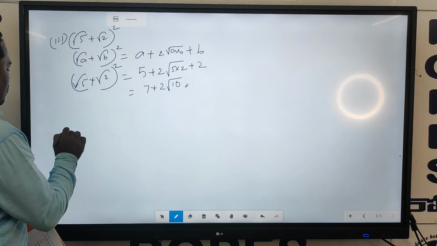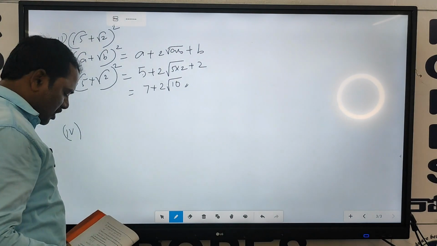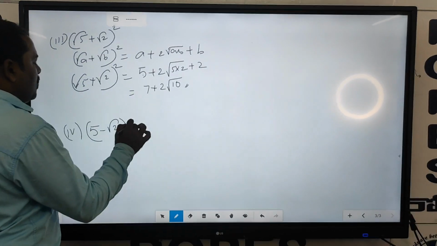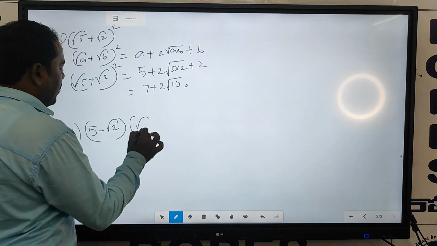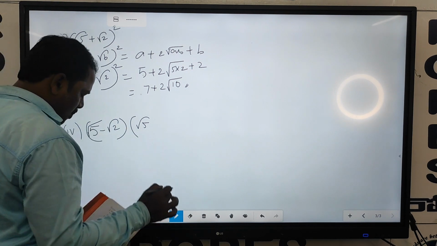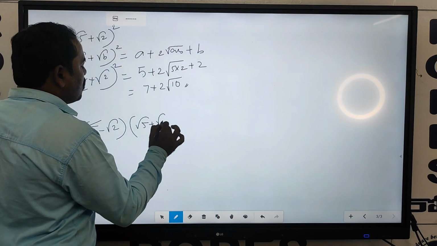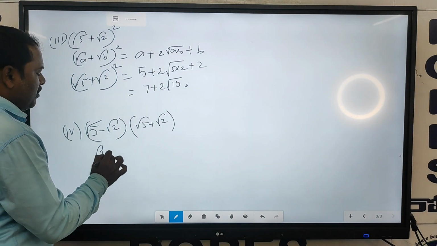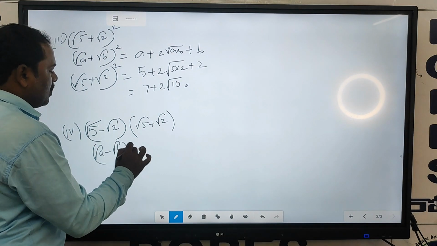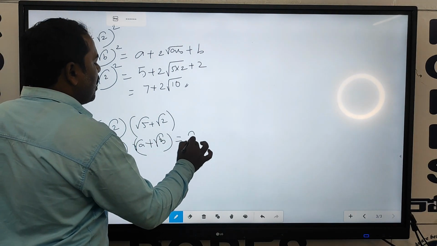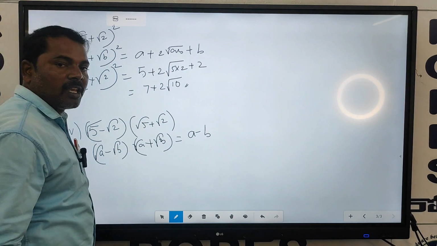Okay, next, the fourth one. If you observe this, (√5 - √2)(√5 + √2). It is also in the form (√a - √b)(√a + √b) = a - b.